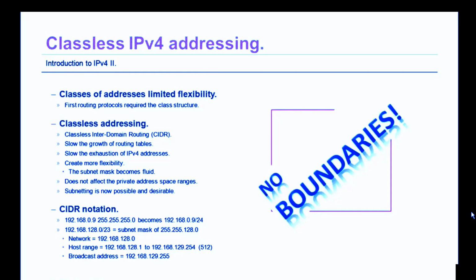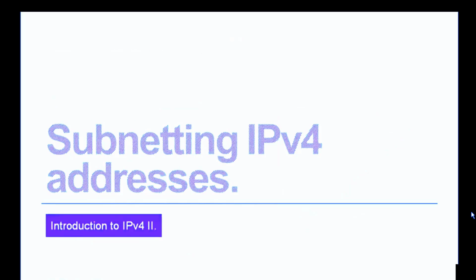That gives us 512 host addresses as opposed to the possible 254. Now the broadcast address for that network would be 192.168.129.255.